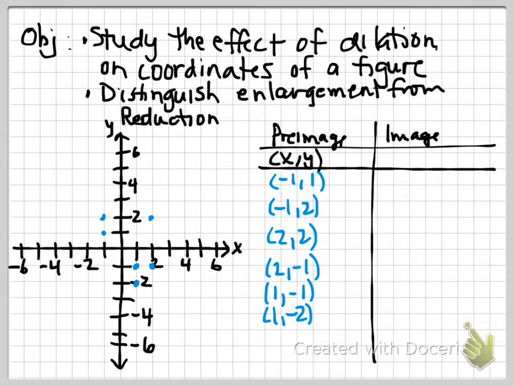We're going to go to negative 2, negative 2. And then we're going to go up to negative 2, positive 1. That's a lot. So if we connect, that's what our shape looks like.